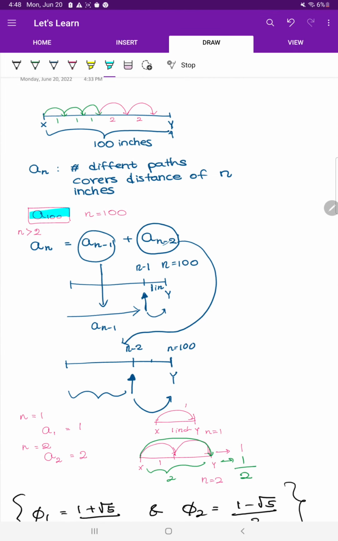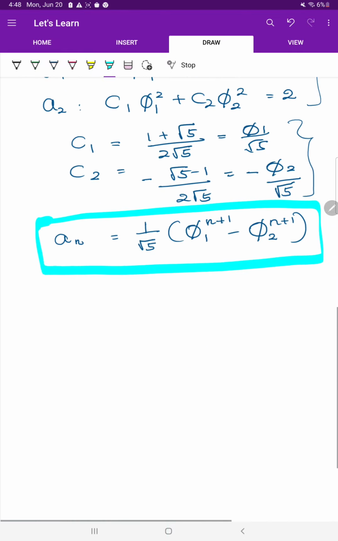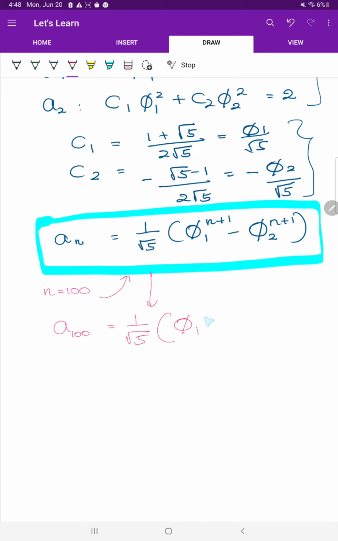But our goal is to find a_100, when it is 100 inches apart. So what we're going to do is substitute n equals 100 into this equation, and we find a_100 is 5201.